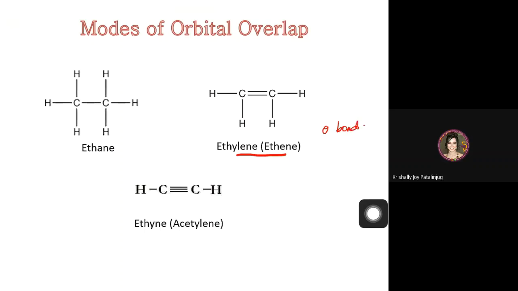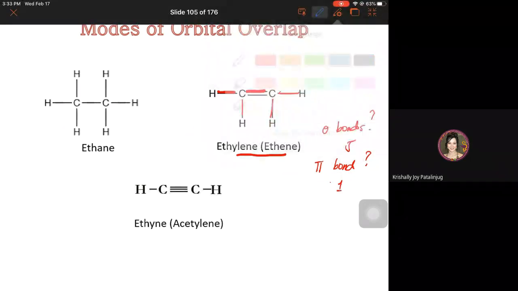So, bilangin nyo lang: 1, 2, 3, 4, 5 sigma bonds. Alright? Ilan yung pi bond? Okay? Pi bond is only 1. Okay? Isa lang yung pi bond. And ito yun. Okay? Yung second bond in a double bond.